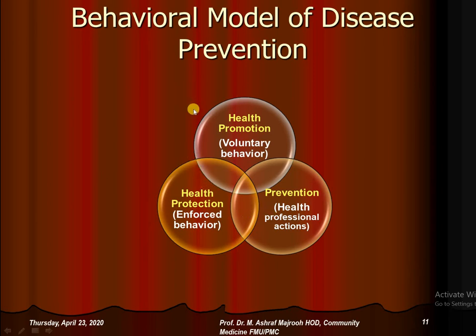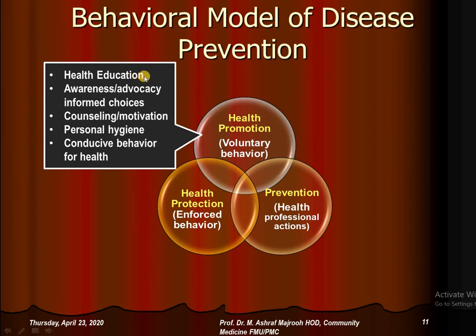So what we do in health promotion is health education, awareness and advocacy of the consumers and the healthcare providers, and this is based on informed choices. In this intervention, the community is informed about the good and bad of things, and then they have the choice.